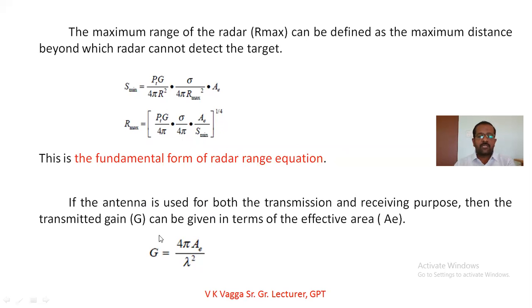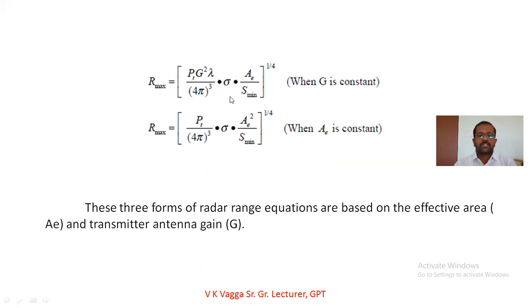For that purpose, if you consider this equation and place it in the above equation, you can get this R max in terms in which G is constant, and another equation in which AE is assumed to be constant here. So all of these three equations are assumed to be the fundamental radar range equation.